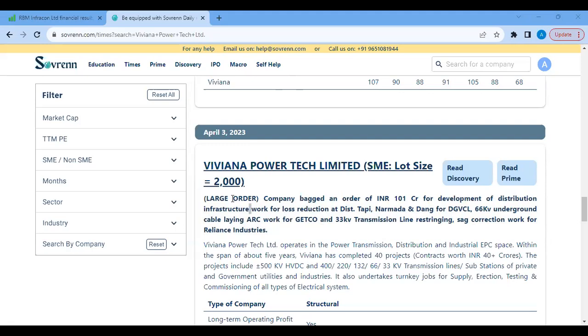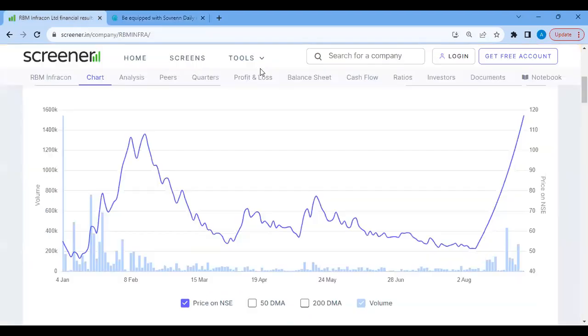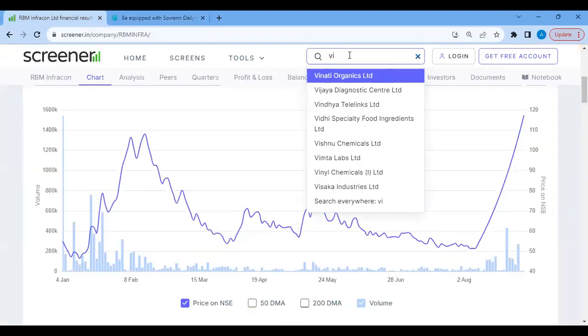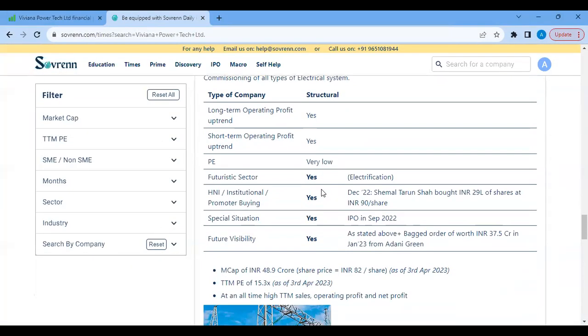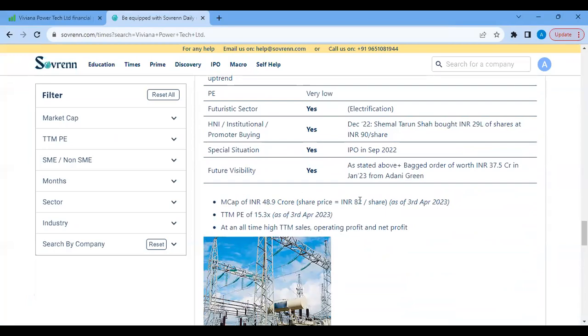Yes, I will talk about RBM Infracom as well. It got a fairly large order. Let us look at the price of this company after the large order. The price was 82 rupees.